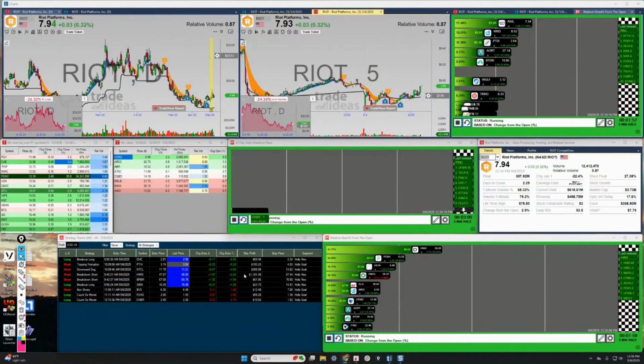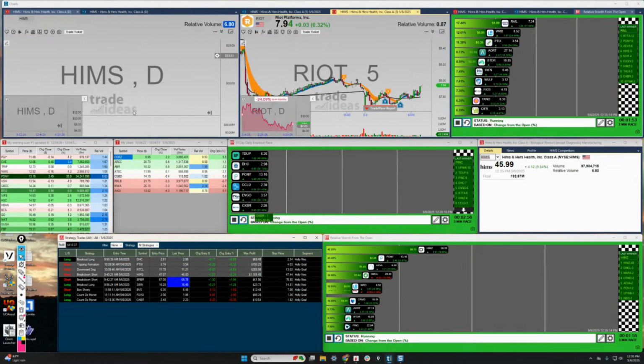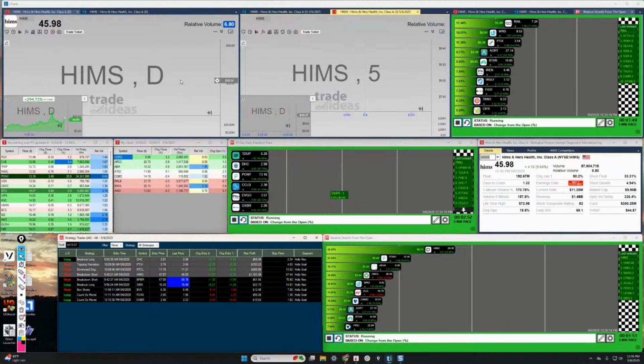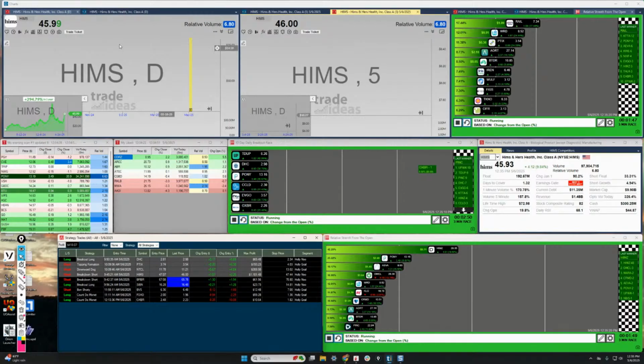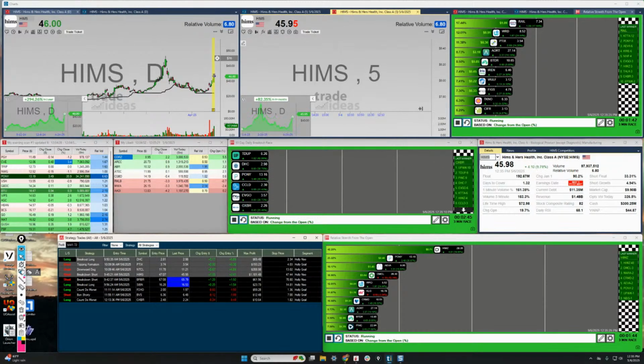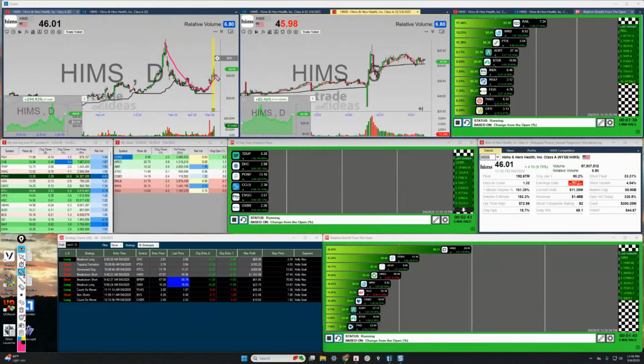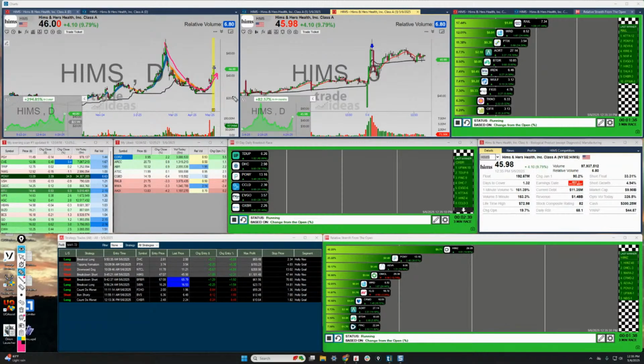And check this out here. What happened with HIMS? We were talking about this yesterday. Made a nice move off that pullback that it had. And I wouldn't even call it a pullback. I mean, that thing just really unraveled. Take your time, chart. It's not like time matters in trading, right? So yeah, this thing really unraveled and made a real big pop. Had earnings after hours yesterday.